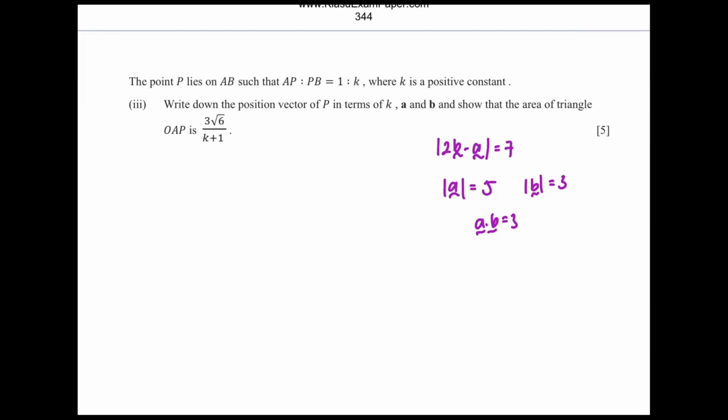KA plus B. One is Q. You know why? Because of the ratio.